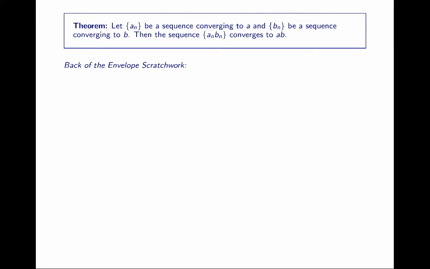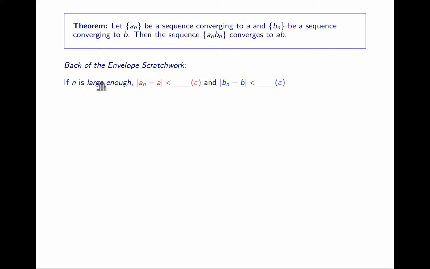Let's do a little figuring to see what exactly needs to be done to show that the sequence a_n b_n satisfies the definition of convergence with the limit of A times B. Now I know that because a_n converges to A and b_n converges to B, then if n is large enough, there's some natural number out there for which I can make this less than whatever I want. For whatever I want to fill in the blank here, there's a natural number.